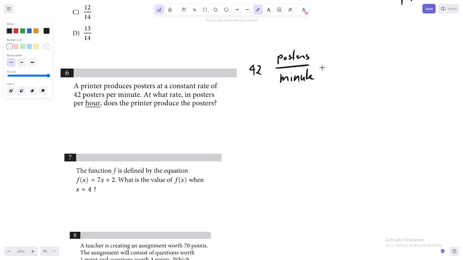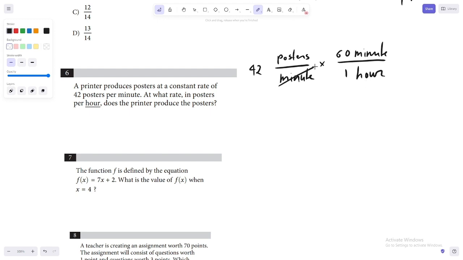So again, we'll multiply it by 1, but this time we will multiply it by 60 minutes divided by 1 hour. Now, we are allowed to do that because 1 hour is exactly equal to 60 minutes, and dividing 60 minutes by 1 hour gives us 1.